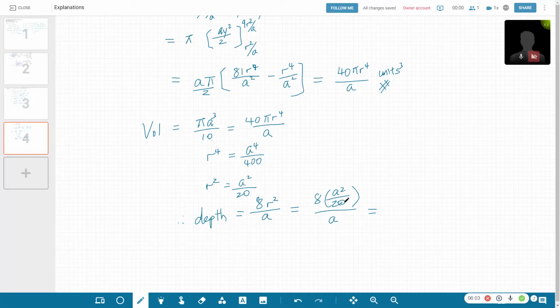This makes things simple. 8 over 20, divide by 4, is 2 over 5. So the answer is just 2/5 a. So this is the depth.